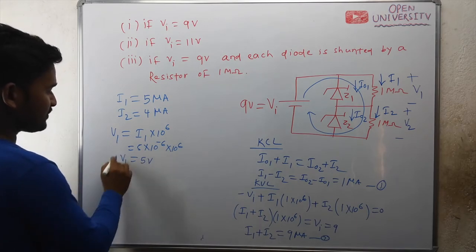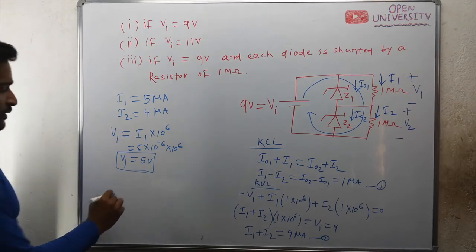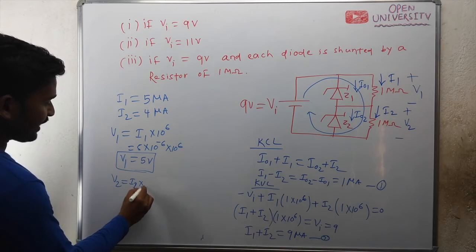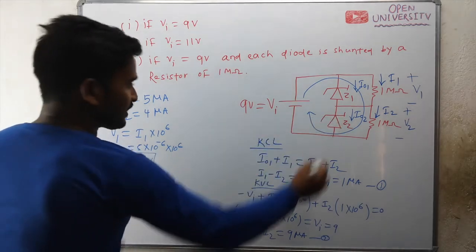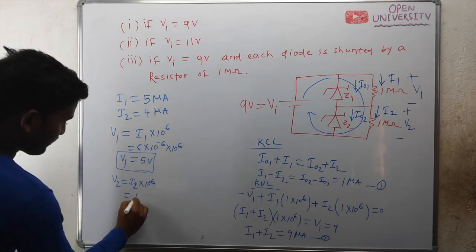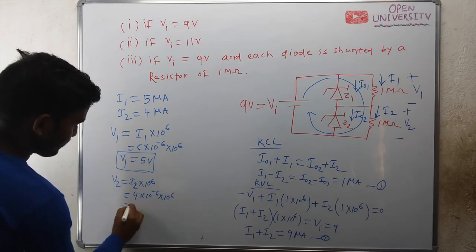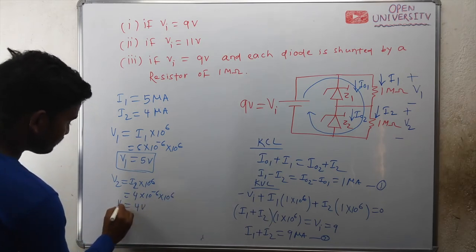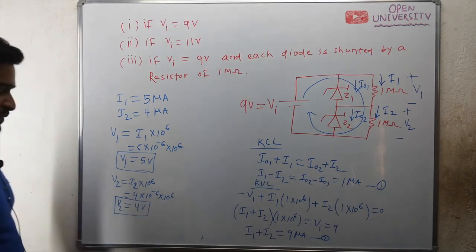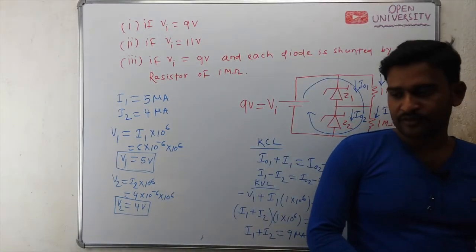So your V1 value is 5 volt, and V2 will be I2 into 10 power 6, where I2 is 4 microampere, 4 into 10 power minus 6 into 10 power 6, which will be 4 volt. So the V1 value is 5 volt and the V2 value is 4 volt.